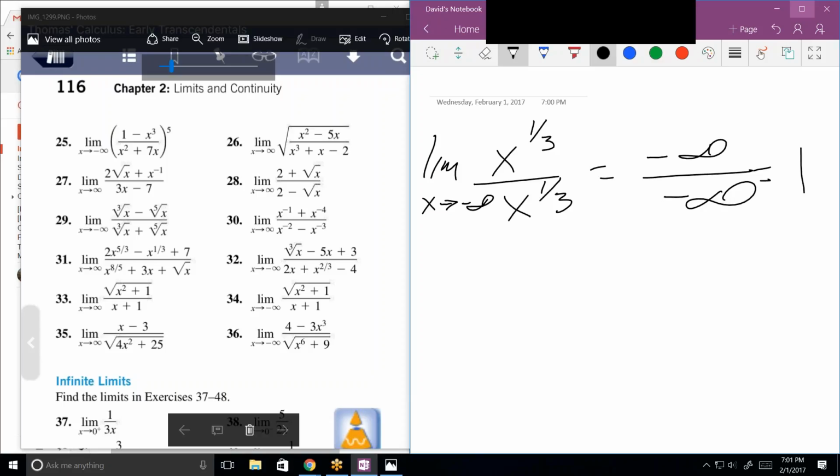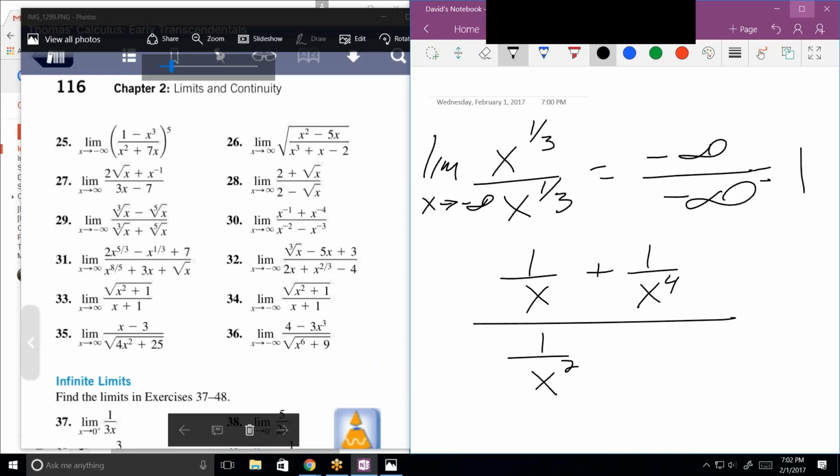30 is interesting. I'm not sure I've ever seen one where they're all different ones. Well, they're all negative exponents. So basically you have 1 over x plus 1 over x to the 4th, all divided by 1 over x squared minus 1 over x cubed.